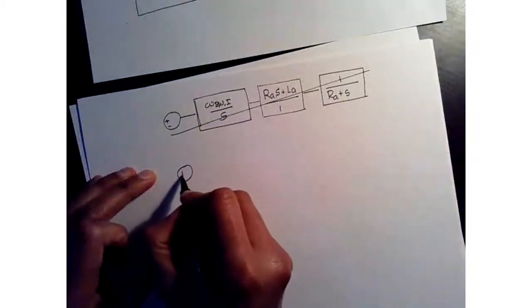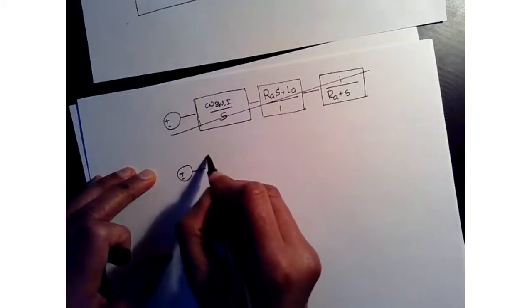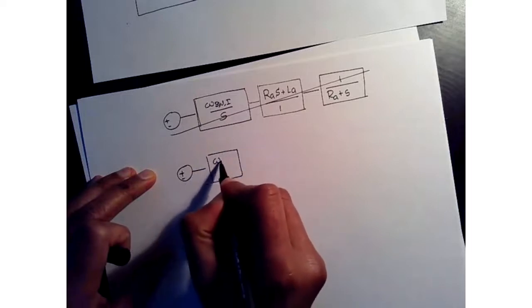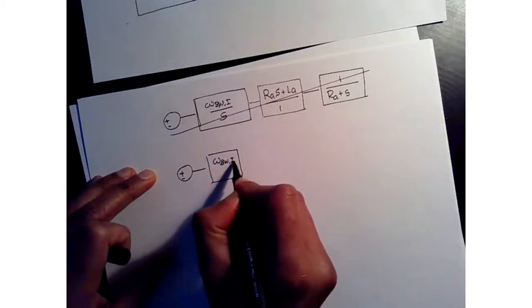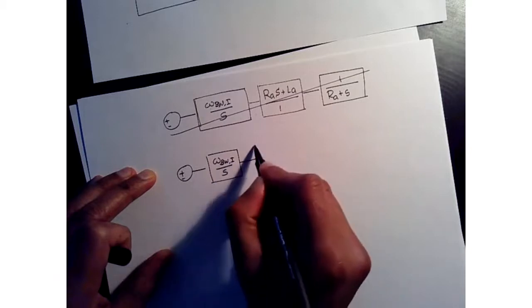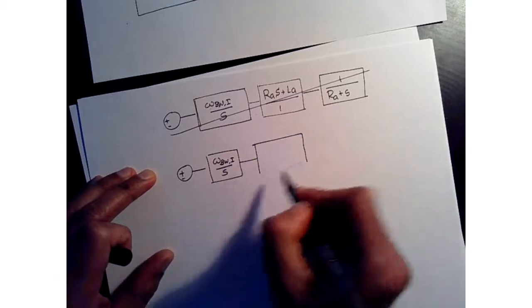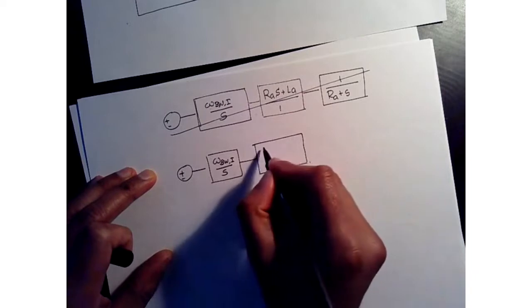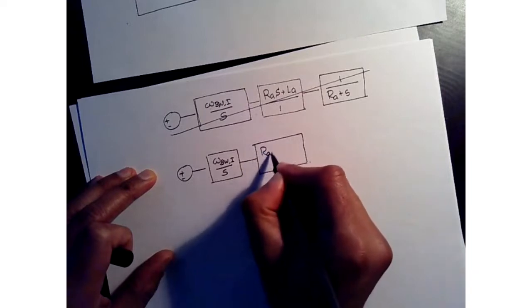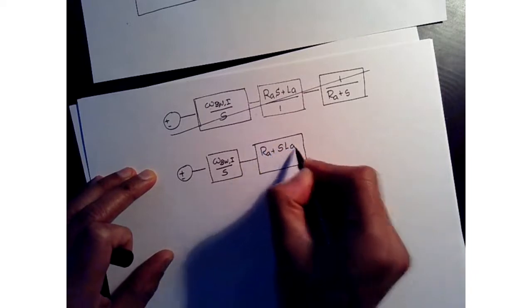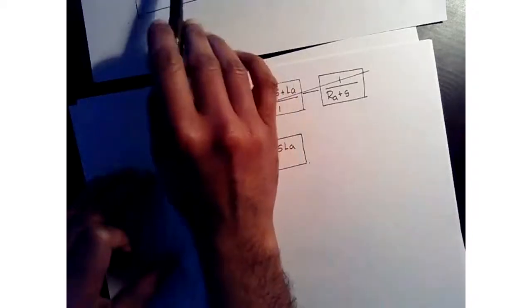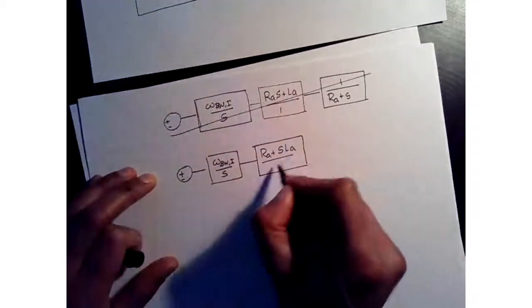Now this might be a little bit better. We have our omega bandwidth, comma, I over S. Then we have RA times SLA, because it is RA times SLA over 1.